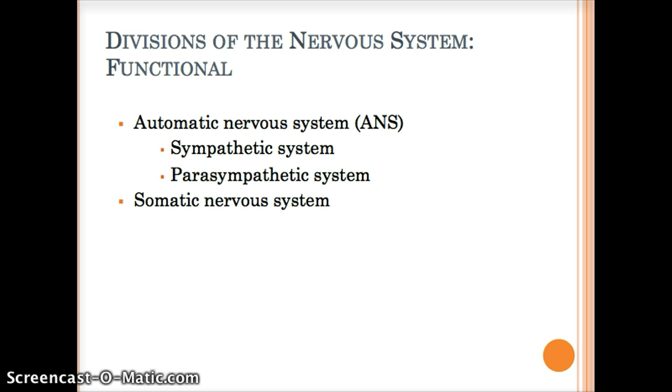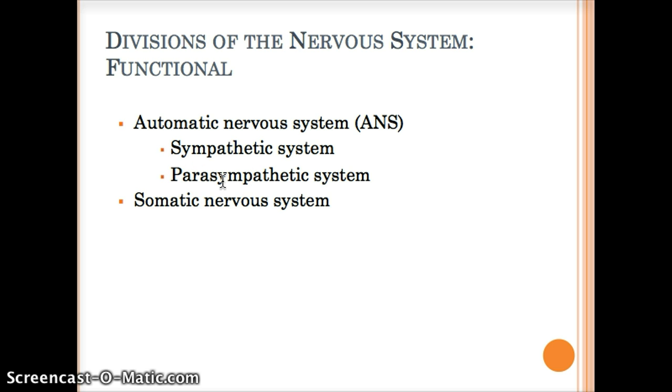Okay, then we can further subdivide the nervous system into the autonomic nervous system and the somatic nervous system. So the autonomic nervous system controls involuntary activities of your viscera, of your glands, and things like that. And then we can subdivide it into the sympathetic and the parasympathetic.